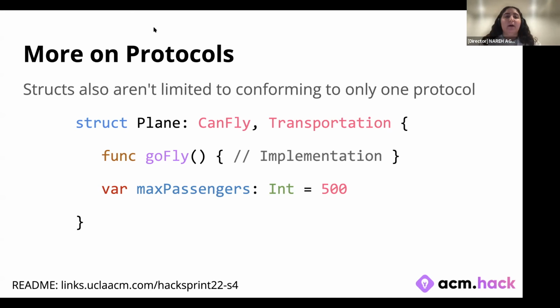And this is incorrect. As we saw with the ID example with Identifiable, if we don't implement the variables that are required to conform to that protocol, we will get an error, because in order to say that you conform to a protocol, you need to implement all of the variables and functions defined by that protocol.